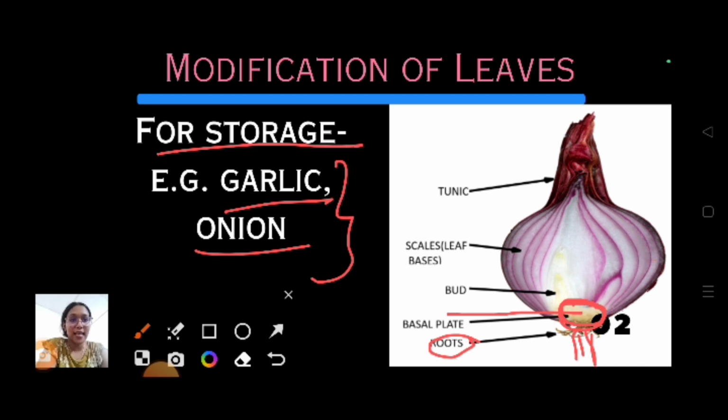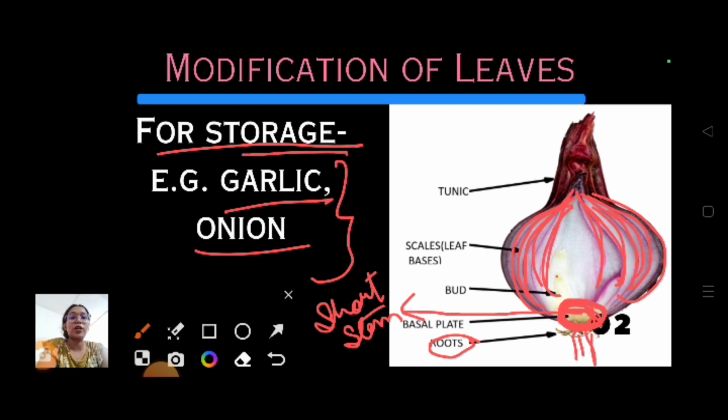Remember, I have said the stem is short. This portion is the short stem and it has fleshy leaves. These are the fleshy leaves, which act as storage in case of onion. Is it clear?